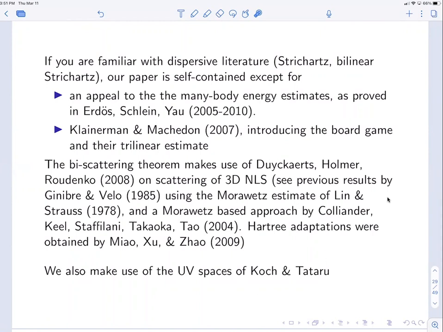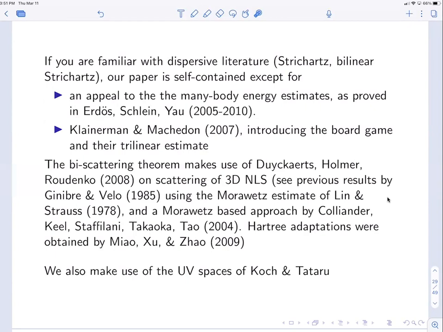And then we make full use of the content of the paper by Klainerman-Machedon in 2007, which introduced their board game argument and their trilinear estimate. But that is a 13-page paper. So we've reduced the prerequisite necessary to make it through the argument.